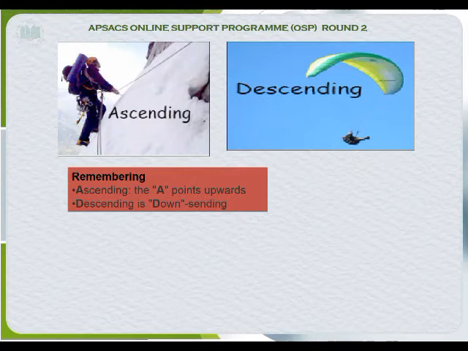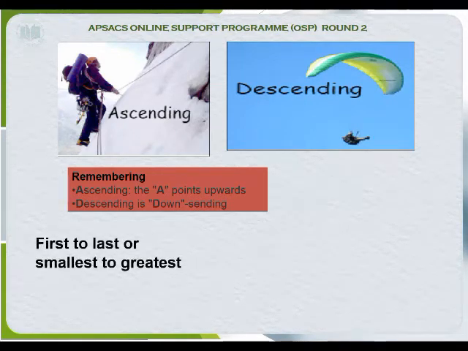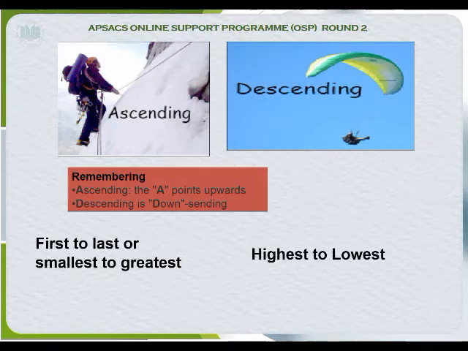While in the second picture, the skydiver comes towards the earth. It means that going down from higher place to the lowest place is descending order. So first to last or smallest to greatest is ascending order, while highest to lowest is descending order.